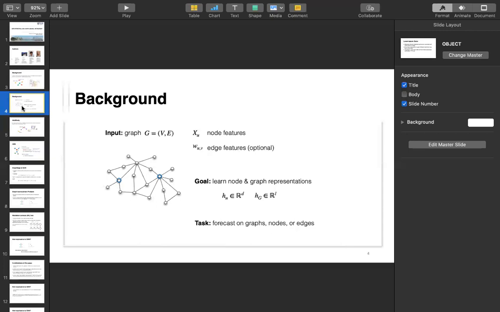Are there any examples for the edge features? For example, in a social network, there's a relation between friends, and there's a relation between maybe enemies or family members or whatever it is. So that's one example. How can these edge features be encoded?